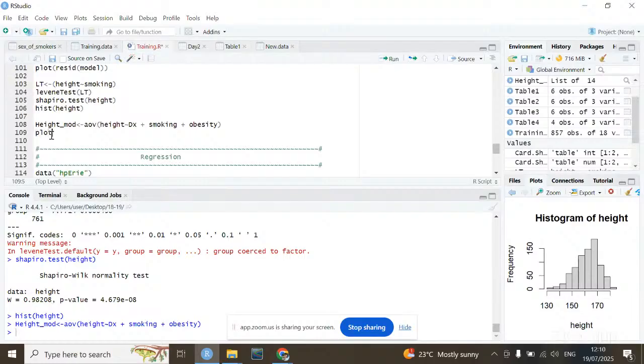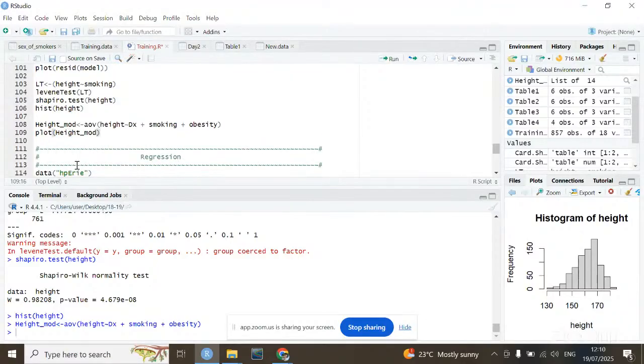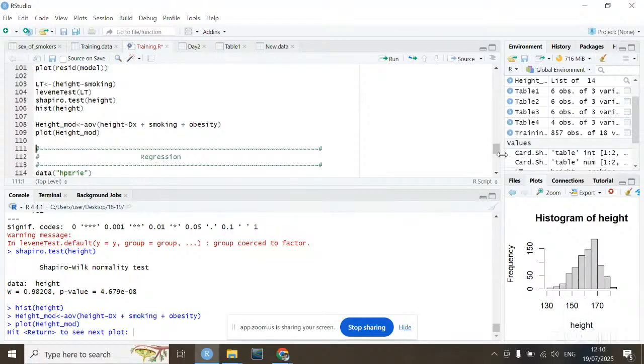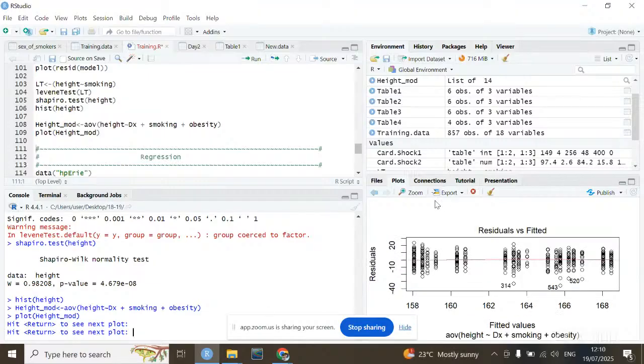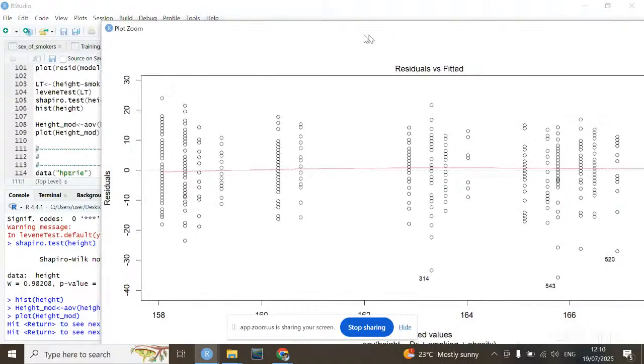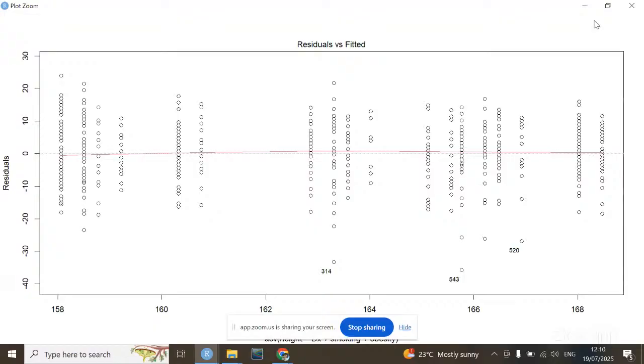Then we can plot this. So this is the residual plot. Is there any pattern? This is the residual plot, which is used for testing for independence.